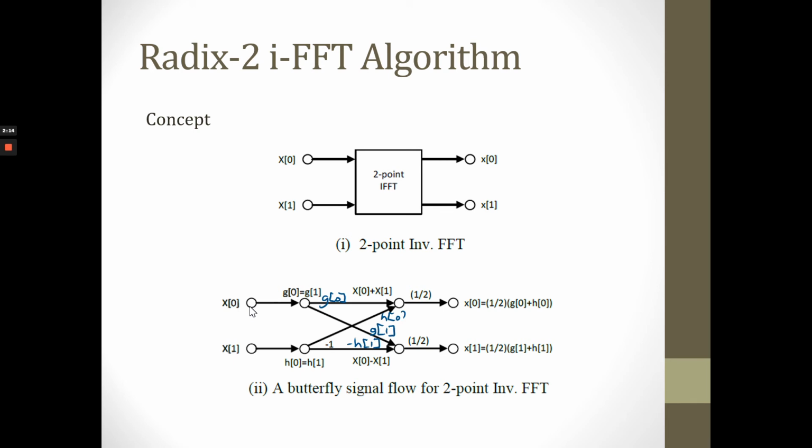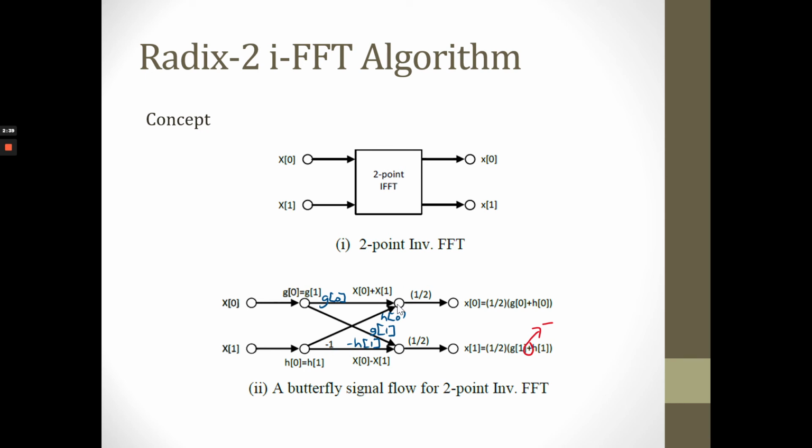So for this one, at this point, this is g0 based on this value of x0. g0 is equal to g1 for the even function, so this is g0, this is g1. And for x1 based on the odd function, we have this one h0, and since it is multiplied with negative 1, it becomes negative h1.